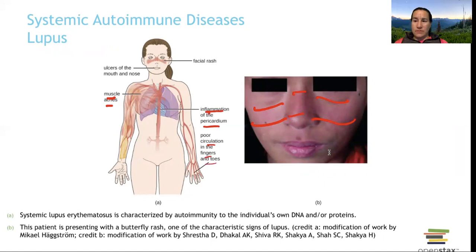All sorts of things, vision issues, seizures, lots of negative things associated with lupus. Good news is it can be treated with medicines to combat this. Treatment lasts your whole life, but it is possible to treat lupus. There are drugs to help treat this.